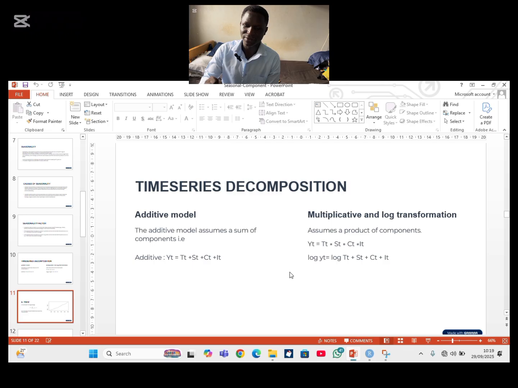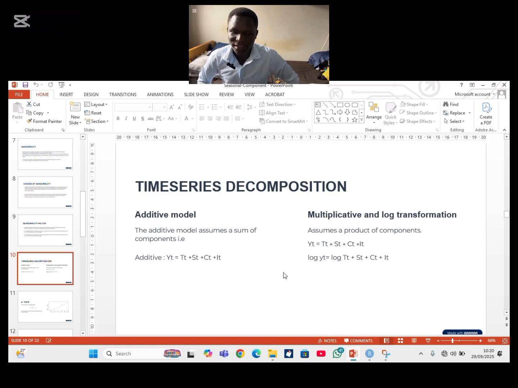Now, most importantly, we need to understand what this decomposition is. Remember, in my introduction, I told you that a time series could have a trend, it could have a seasonality, cyclic. Now, each one of these components of a time series could be modeled using either an additive model or a multiplicative model.